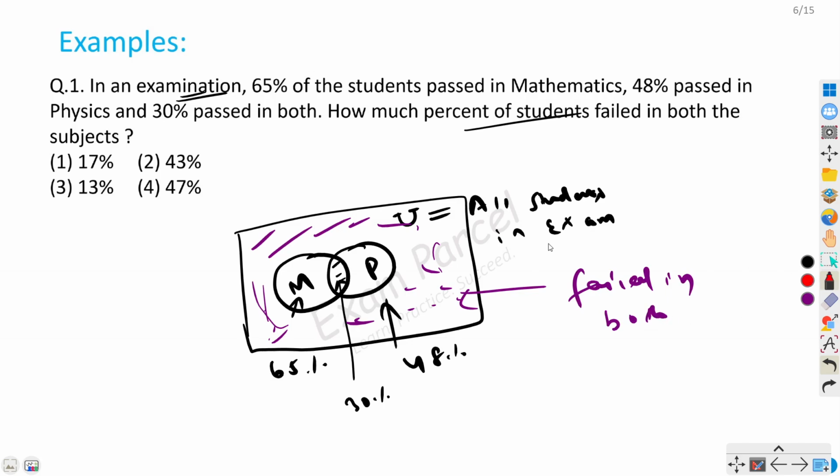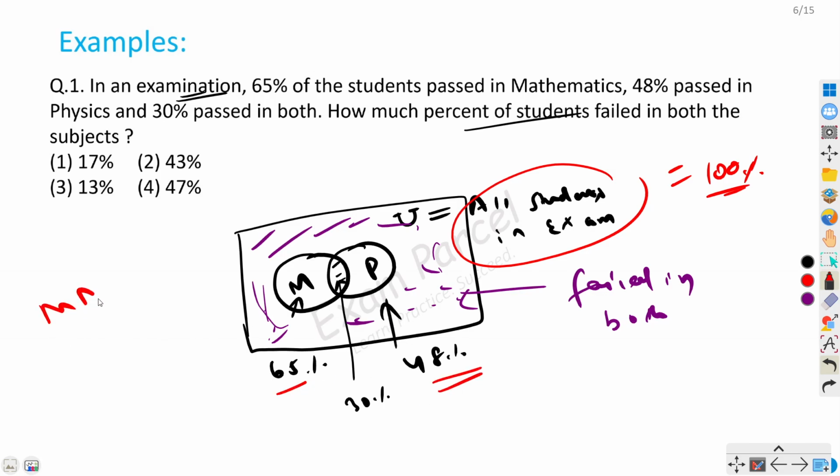Now tell me how much percentage will be all students. So obviously this is 100%, right? Total students will always be 100%. And for M we have 65%, for P we have 48%, and for M intersection P we have 30%. So what is the total number of students who have passed in at least one subject, maths or physics?